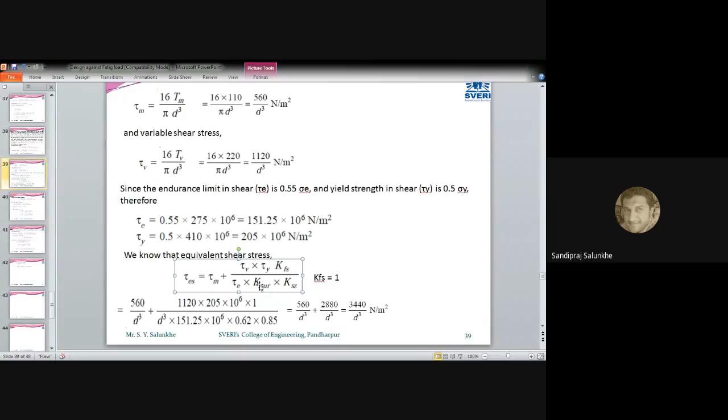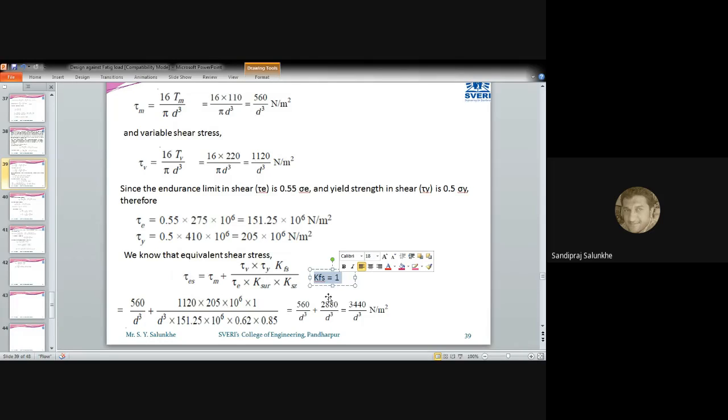But the only thing is that here we have to consider the theoretical stress concentration factor, as well as the fatigue stress concentration factor, as 1, because there will not be any concentration of stress, as it has been mentioned in the problem statement that no keyway is present on that shaft.